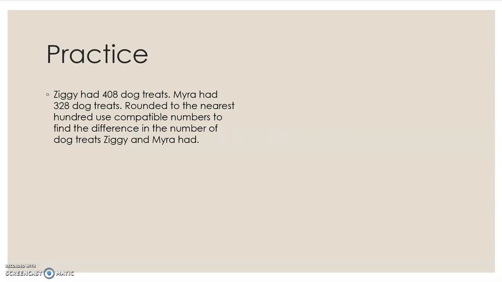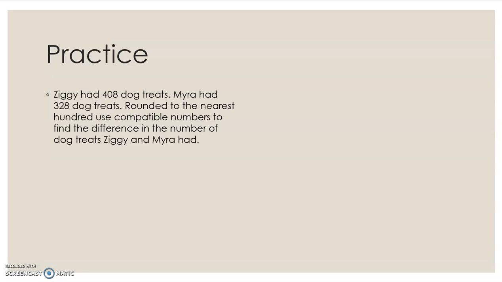So here we have a problem. This problem says Ziggy had 408 dog treats. Myra had 328 dog treats. Rounded to the nearest 100, use compatible numbers to find the difference in the number of dog treats Ziggy and Myra had.